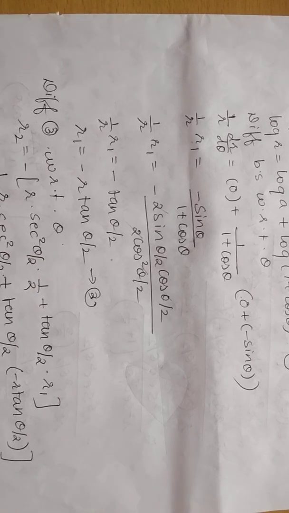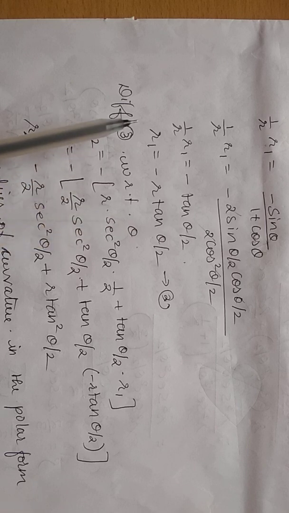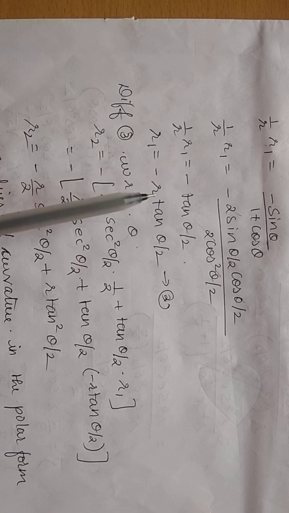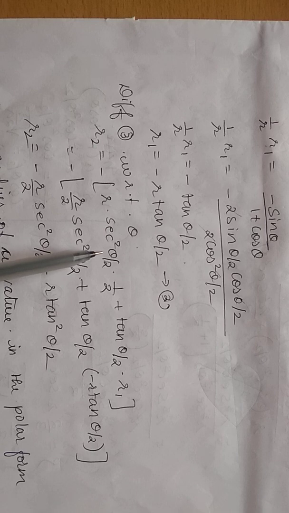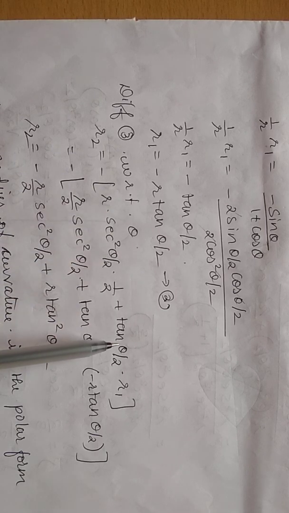Now I have to differentiate both sides with respect to θ to get r2. So r1's derivative is r2, minus sign is there so keep it as it is, r as it is, derivative of tan θ/2 is sec² θ/2 into 1 by 2. Why? Because θ has the coefficient 1 by 2. Plus tan θ/2 as it is, derivative of r is r1.